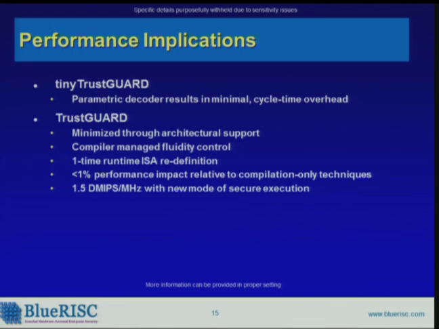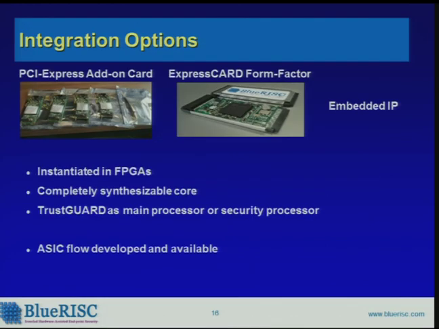With regards to the ISA redefinition, that only occurs once at start, so there's really no performance impact there. We've done tests, and it shows roughly less than 1% performance impact over a design containing compiler-only techniques. And we have achieved 1.5 DMIPS per megahertz with this full new mode of execution.